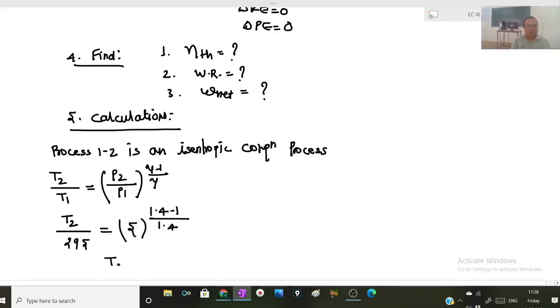From here the value of T2 I could calculate as 467.23 Kelvin.